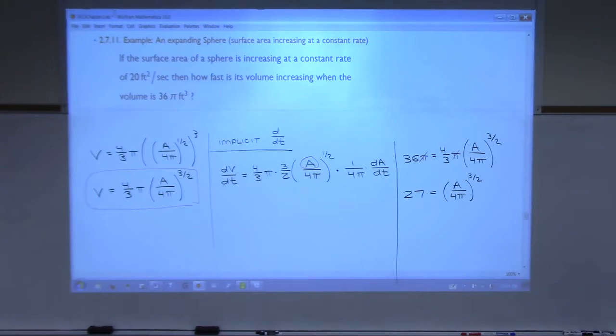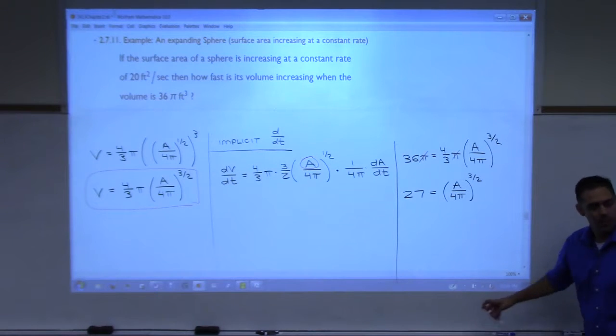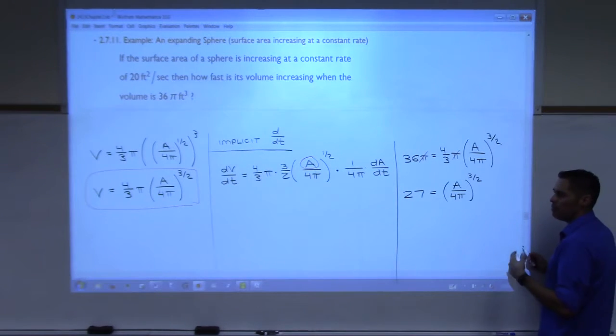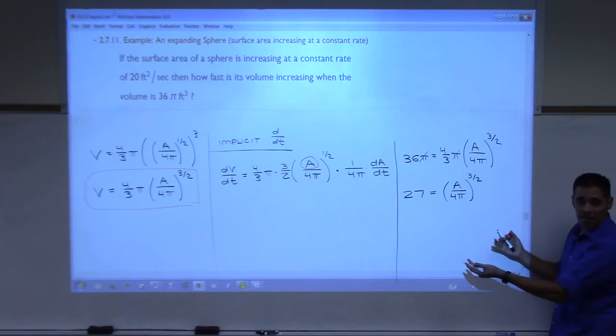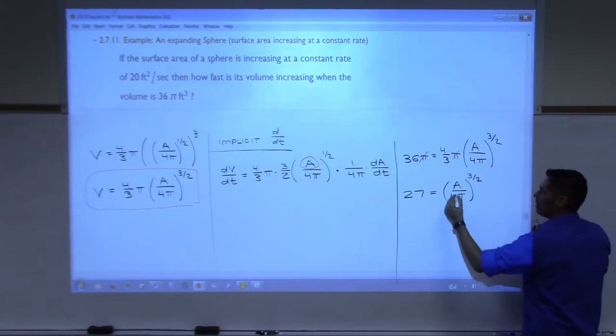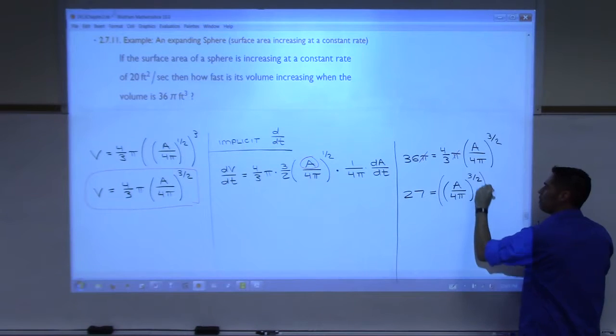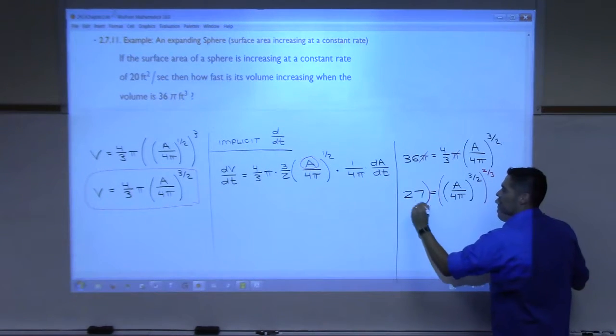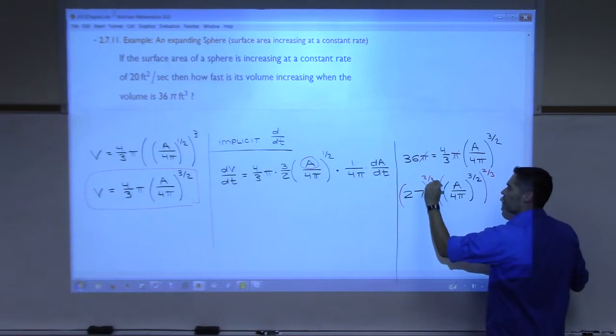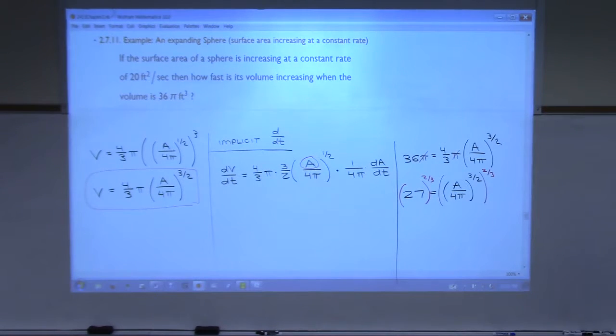The 3/2 is a problem, isn't it? So what I'm going to do is what we've done in the past when we have square roots, we can square both sides of the equation. Here what I'm going to do is raise this side of the equation to the 2/3, and raise this side of the equation to the 2/3. Now why in the world would I do that?